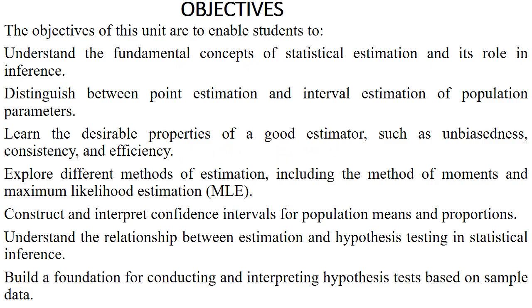The objectives of this unit are to enable students to understand the fundamental concept of statistical estimation and its role in inference, distinguish between point estimation and interval estimation of population parameters, learn the desirable properties of a good estimator such as unbiasedness, consistency, and efficiency, explore different methods of estimation including the method of moments and maximum likelihood estimation, construct and interpret confidence intervals for population means and proportions, and also understand the relationship between estimation and hypothesis testing in statistical inference.